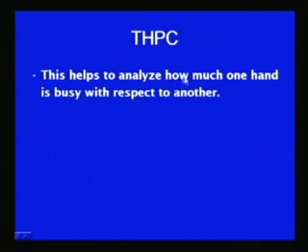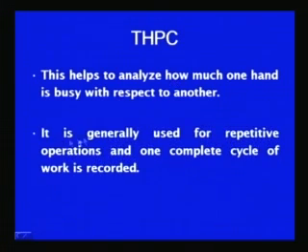The two hand process chart helps to analyze how much one hand is busy with respect to another. It is normally used for repetitive operations, where one complete cycle is recorded to study the movement of the hands during the operation.